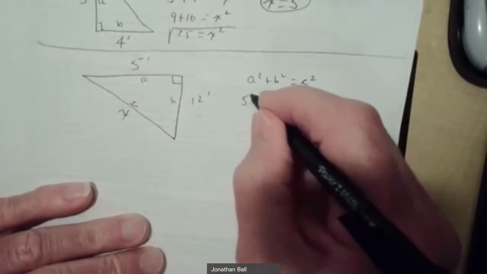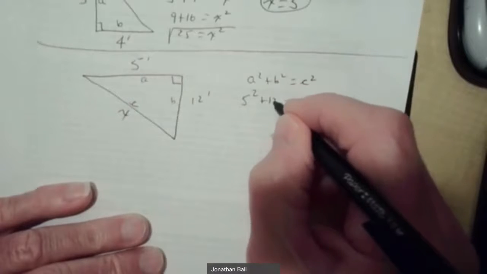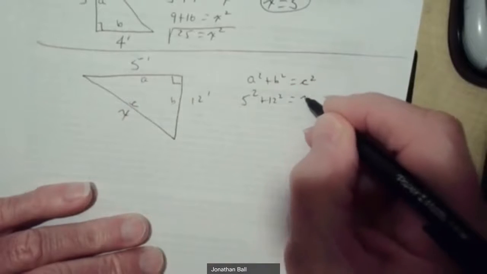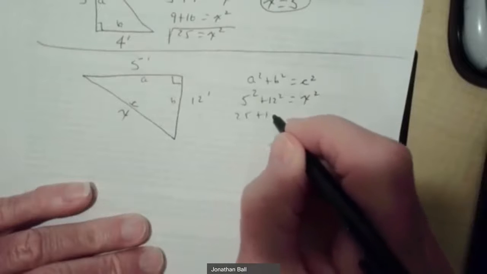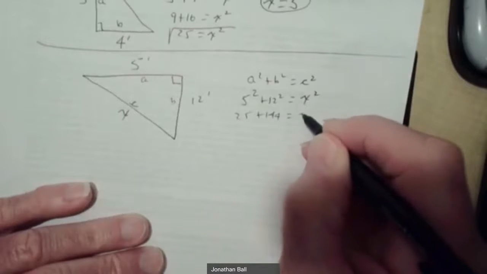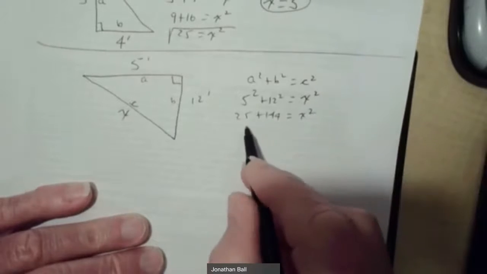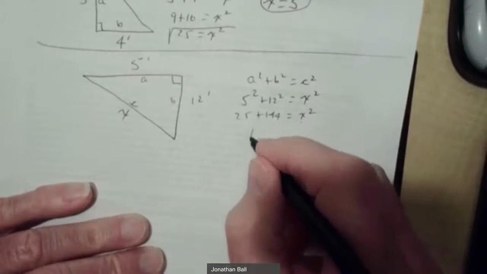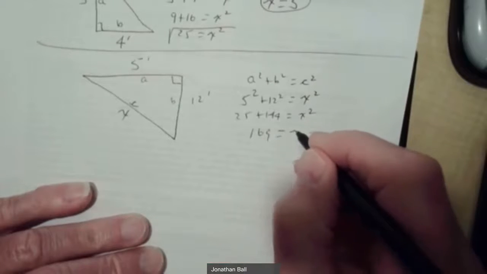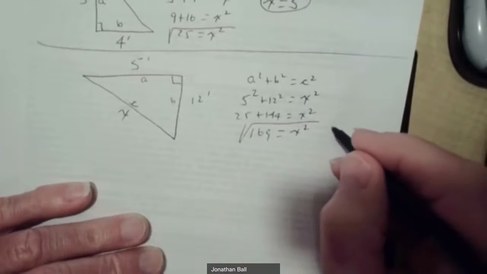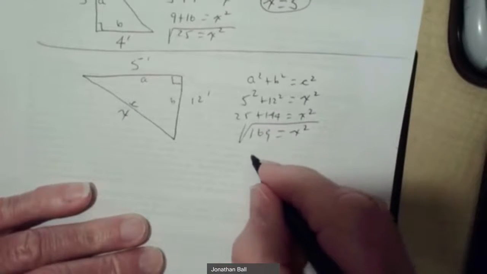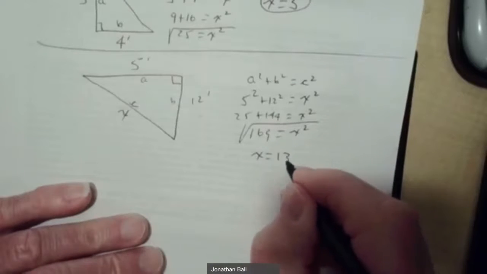So 5 squared plus 12 squared equals x squared. 25 plus 144 equals x squared. 25, 144, 169 equals x squared, square root. So x will be equal to 13.